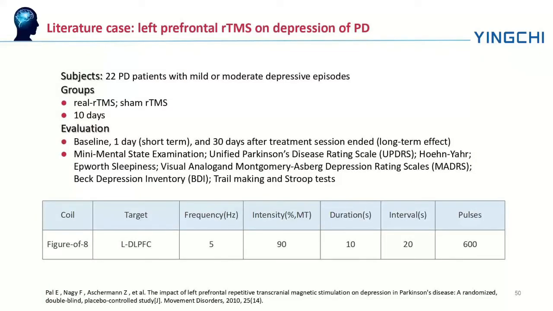We can also stimulate the left prefrontal cortex to relieve the depressive symptoms of PD patients. In this study, they treated for 10 days with high-frequency rTMS onto the left DLPFC, which is also commonly targeted for MDD and other depressive disorders.